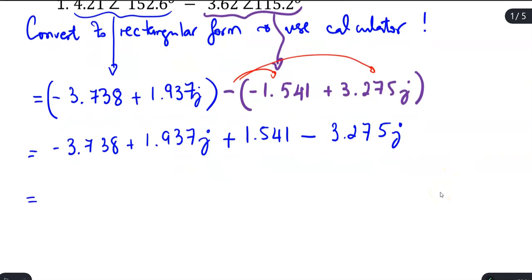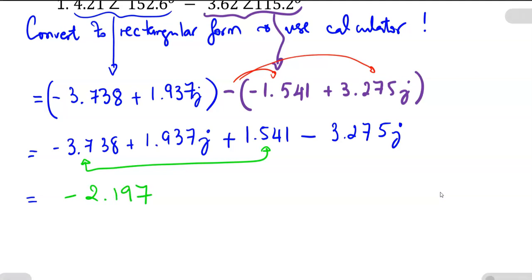When you collect the like terms, I collect this with this. When I have negative 3.738 and add that with 1.541, I am having negative 2.197.